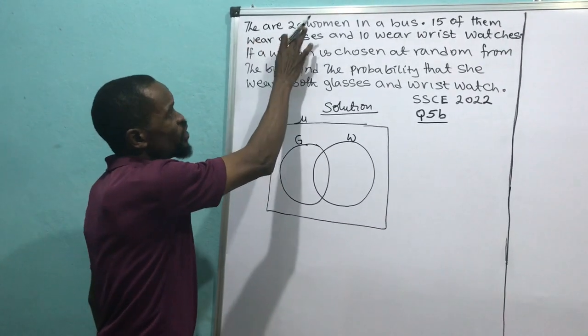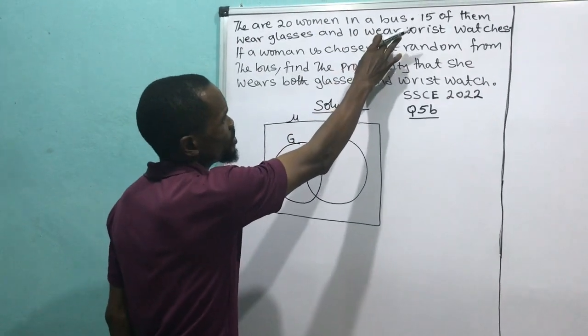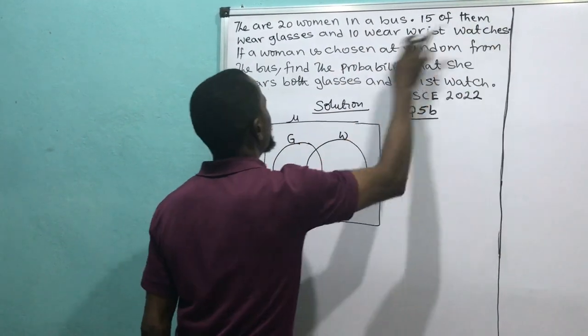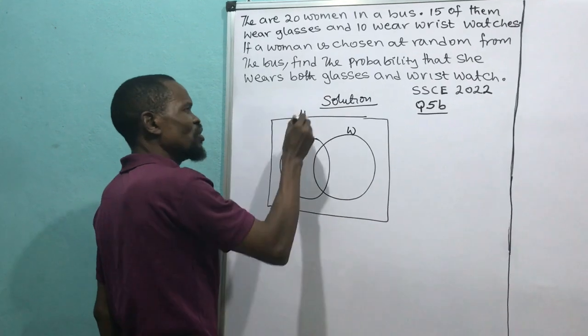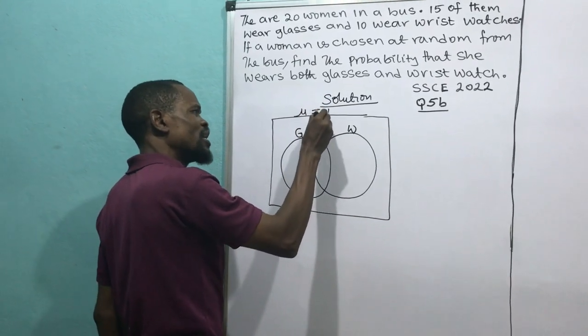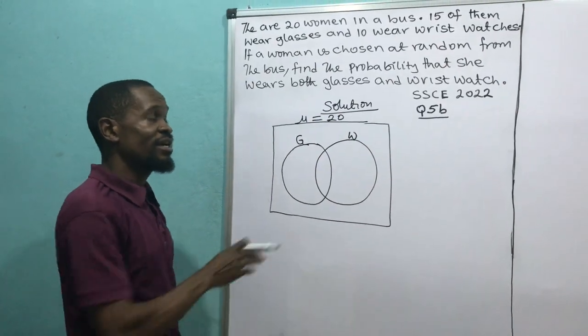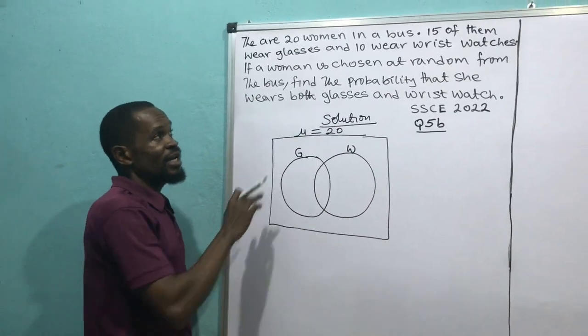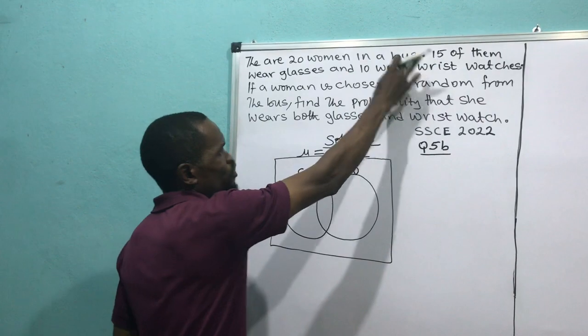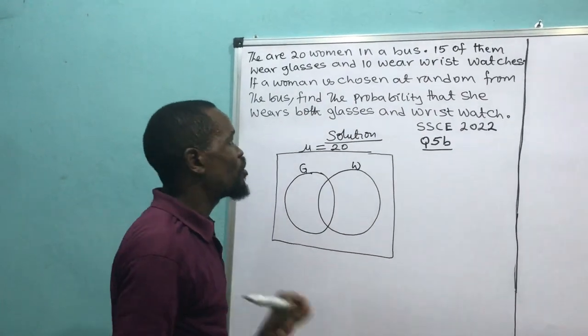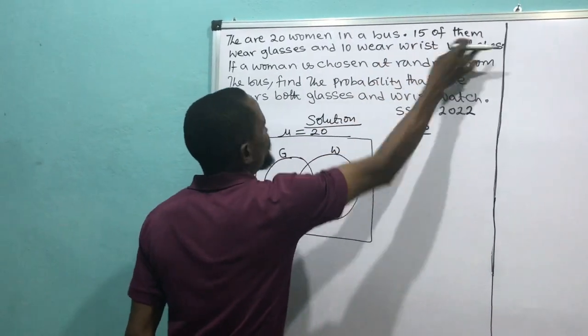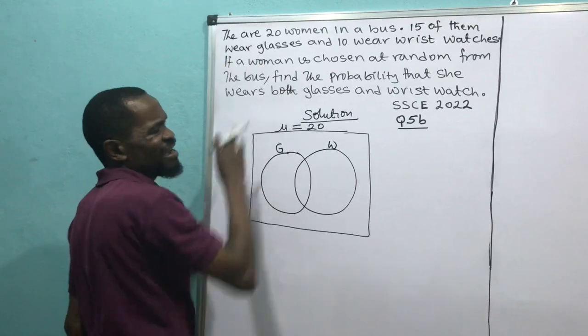They said there are 20 women in the box, and 15 of them wear glasses. So that means in that box they have 20 women, which we are writing here. In that box, 20 women are packed. Then 15 of them wear glasses.